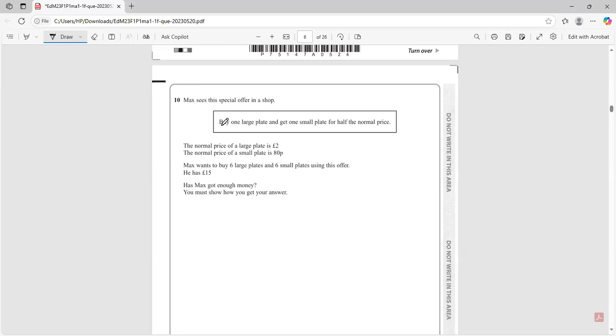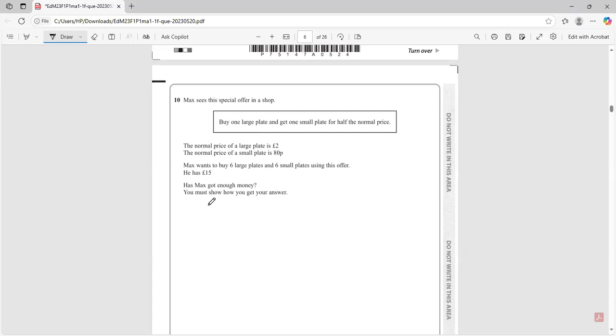Okay, so let's go for the offer. The offer says buy one large plate and get one small plate for half the normal price. Of course, this normal price is referring to the normal price for what? Small plates, isn't it? Yes. Okay, so if we have that understanding, then let's see how it goes. The normal price of a large plate is £2.